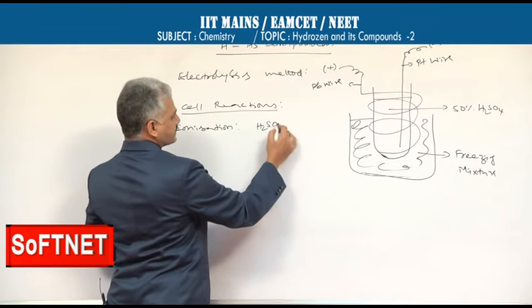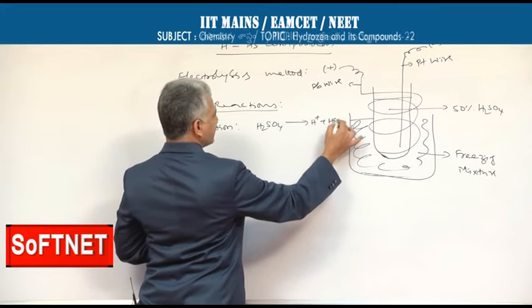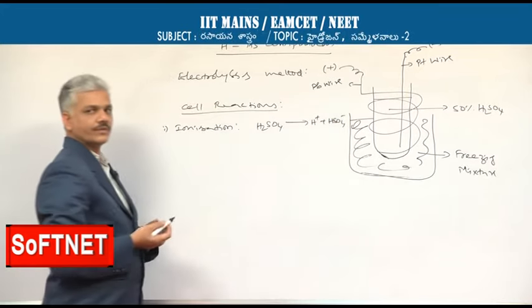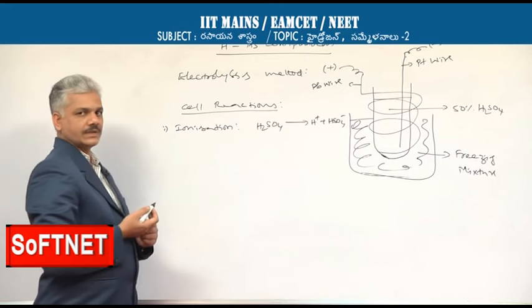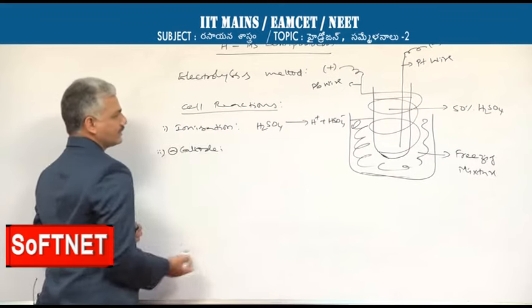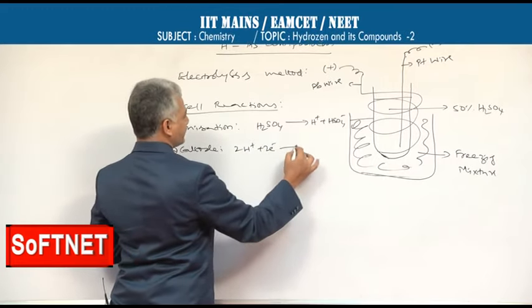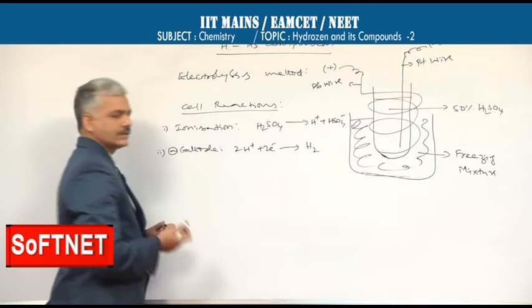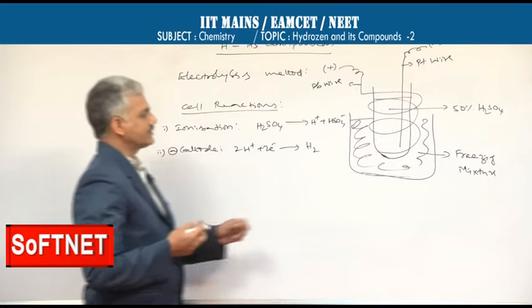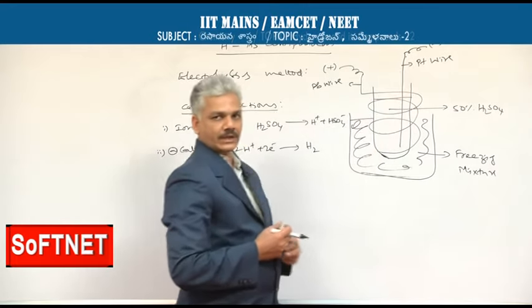Electrolyte here is sulfuric acid, which undergoes ionization as H+ and HSO4- bisulfate ion under the given conditions. At cathode, H+ ions are attracted, they gain electrons and will be converted into hydrogen gas, which will come out in the form of bubbles along the platinum wire.